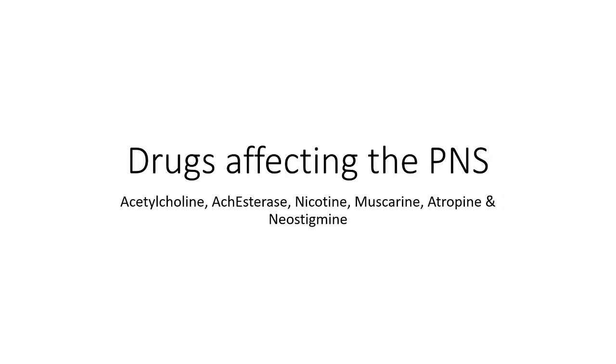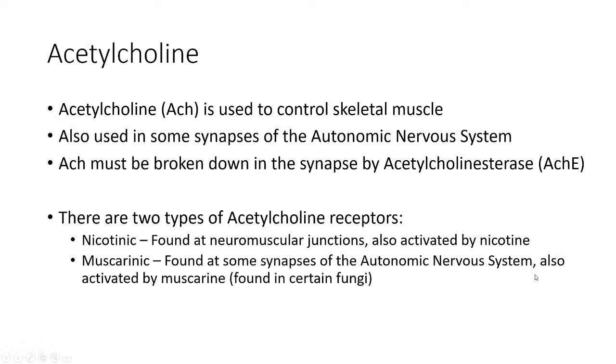Now we say it occurs at dopaminergic and serotonin synapses as well. Primarily acts at norepinephrine synapses. All right, so drugs that affect the peripheral nervous system. We're going to talk about acetylcholine, acetylcholinesterase, nicotine, muscarine, atropine, and neostigmine. Acetylcholine, we've talked about.